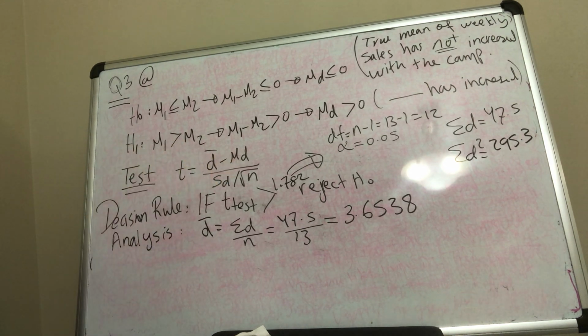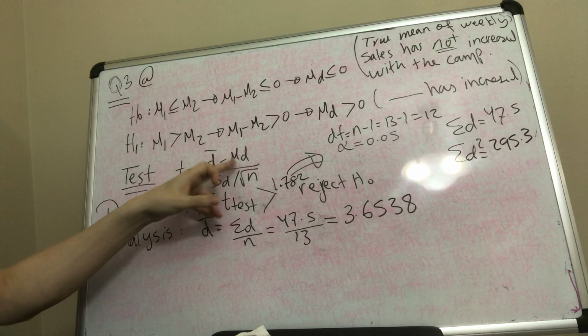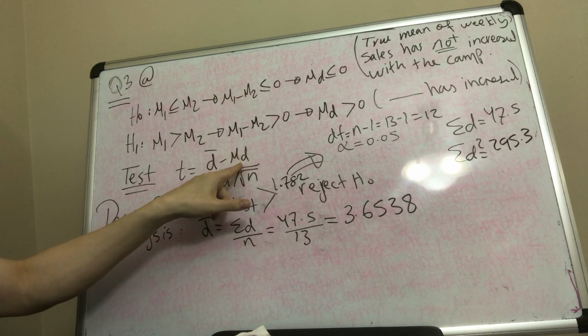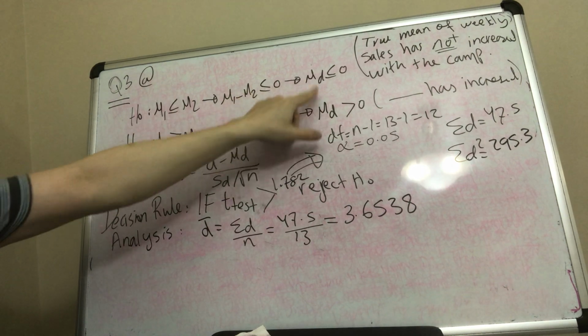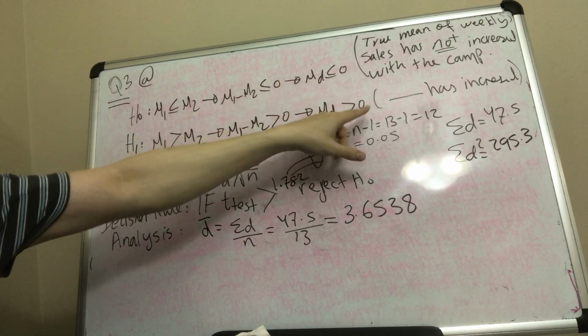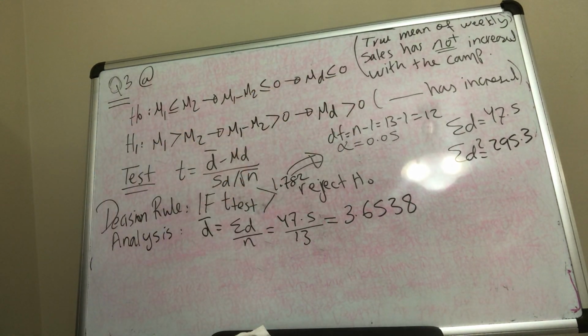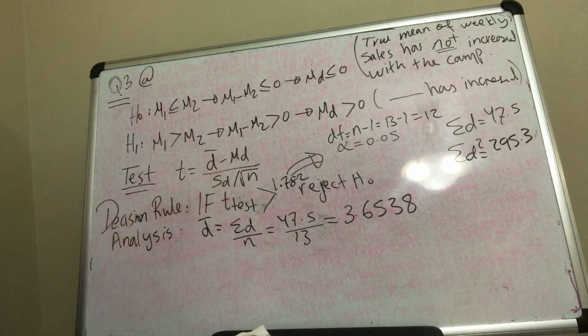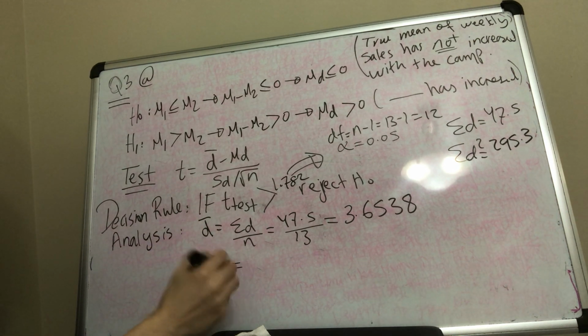Mu d, I said this earlier, when you have a test, the top right, to know what that is, go back to your hypothesis. Everything is based on the number 0, so mu d is 0. And we know n is 13. SD, well, to do SD, we need to do SSX first.